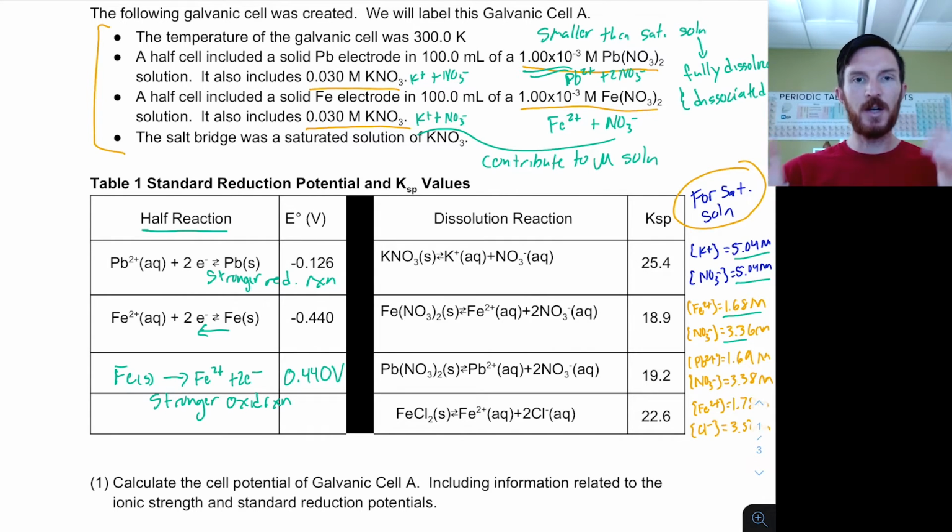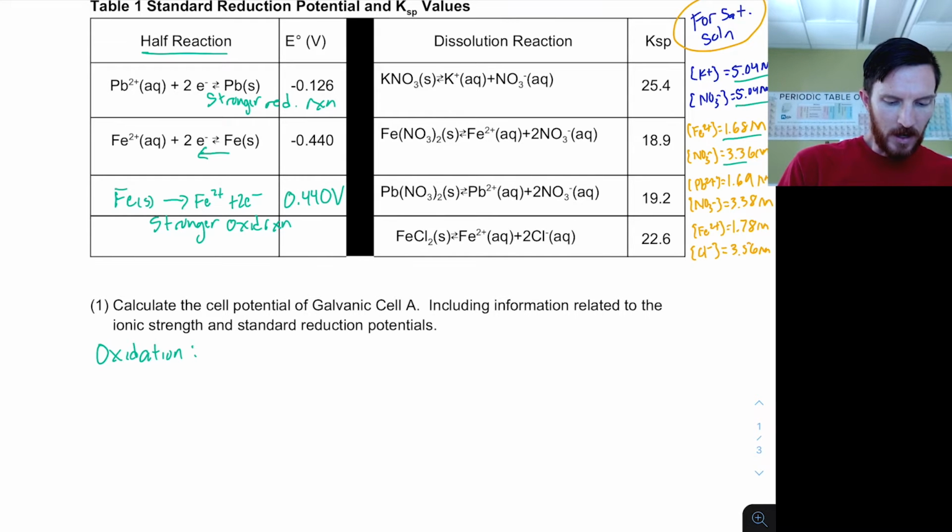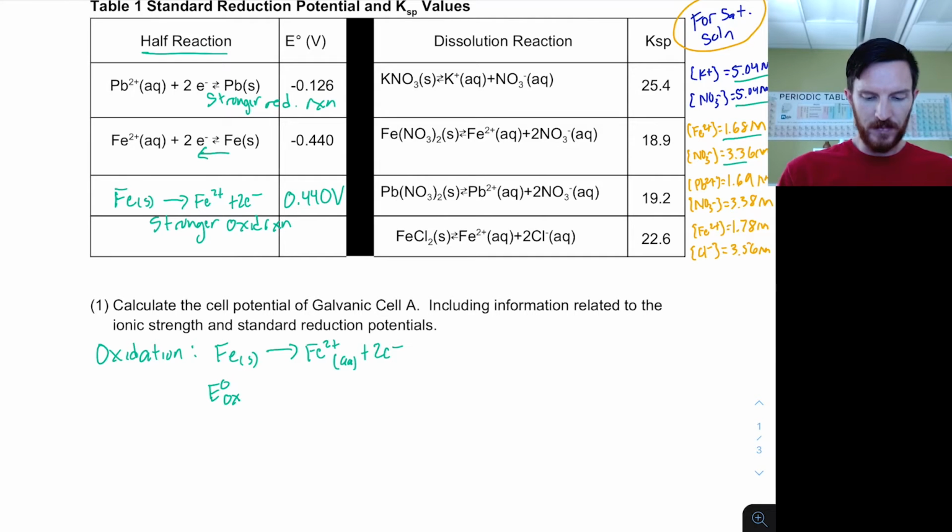So we have our reduction reactions and our oxidation reactions. For the oxidation side of our cell, we're going to have our solid iron going to produce iron 2 plus and our 2 electrons, and our standard oxidation potential is 0.440 volts.